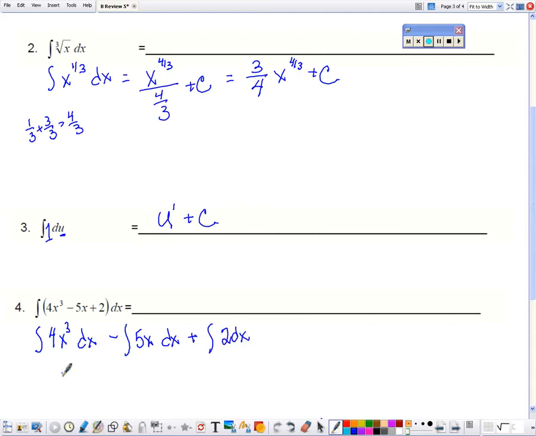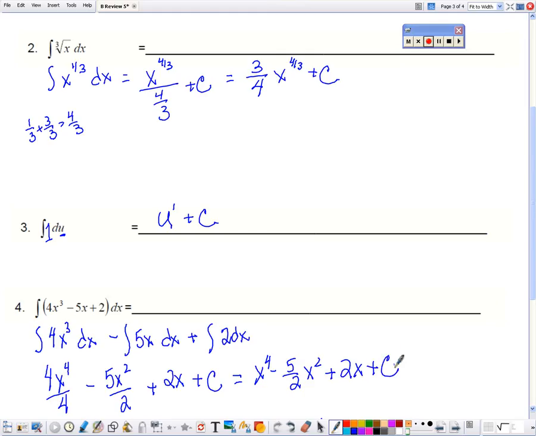So then this piece is 4x to the 4th over 4 minus 5x squared over 2 plus 2x over 1 plus c. So to simplify, those 4's cancel to 1. Minus 5/2 x squared plus 2x plus c.